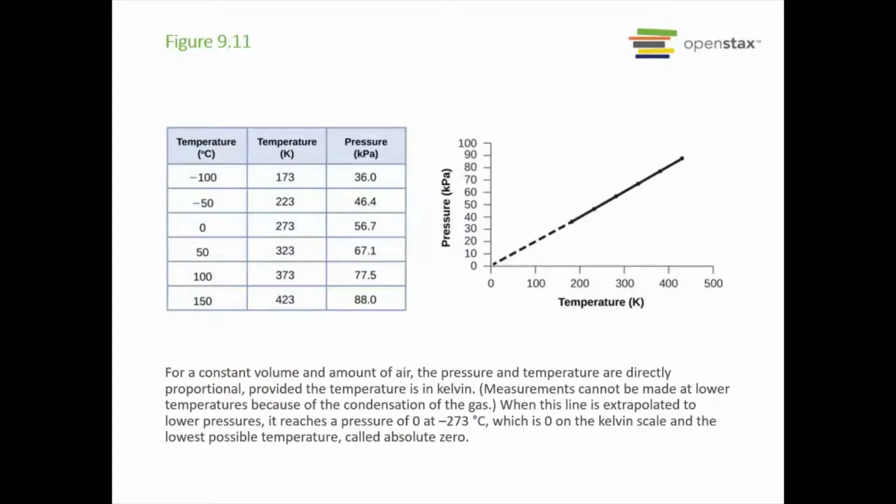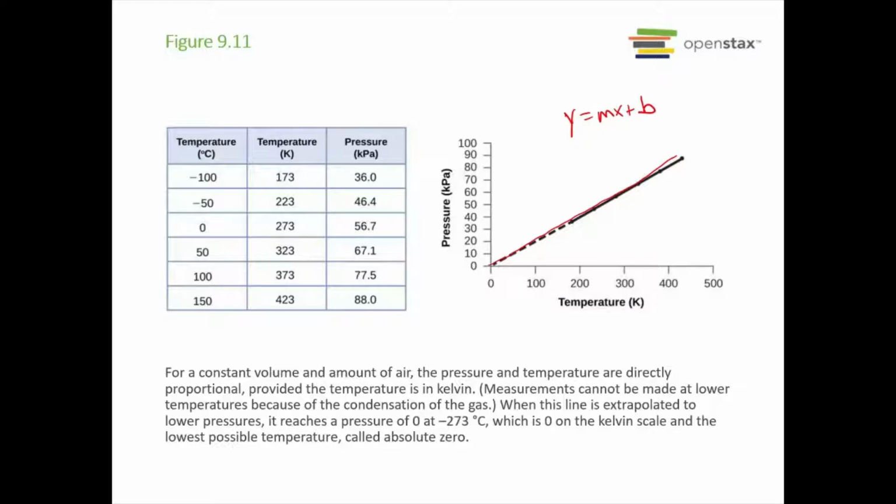If you were to look at pressure and temperature on a graph, so you're in the lab and you're measuring pressure as you change your temperature, what you would notice is this steady increase, this linear relationship. So if you remember with the graph, y equals mx plus b.